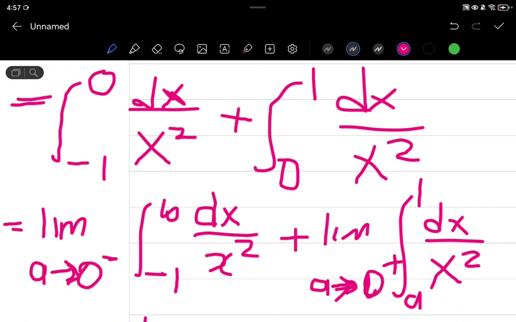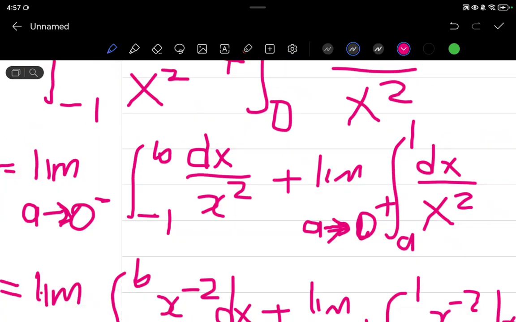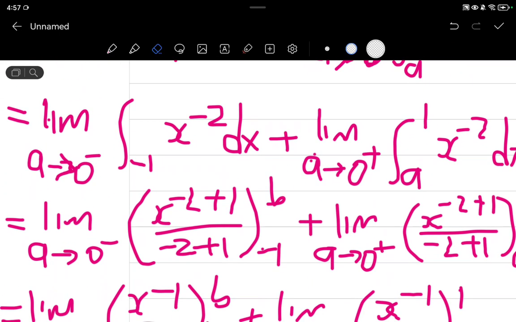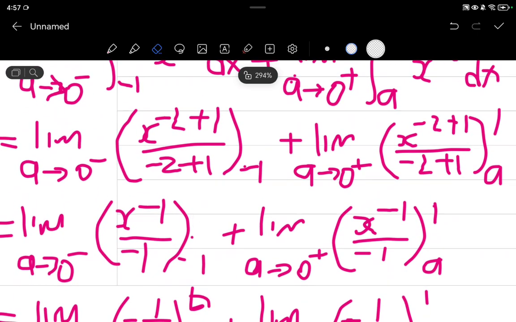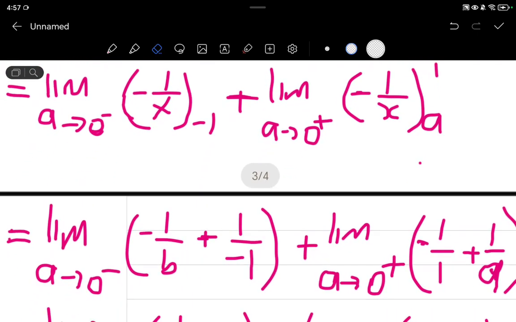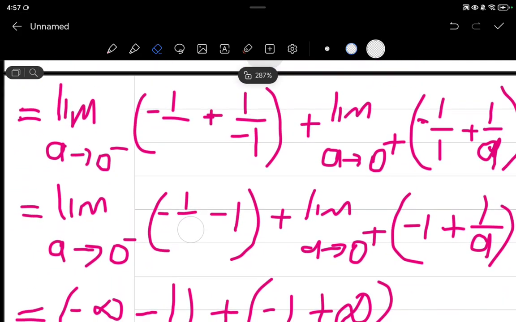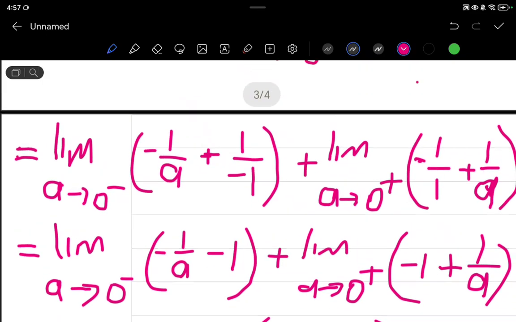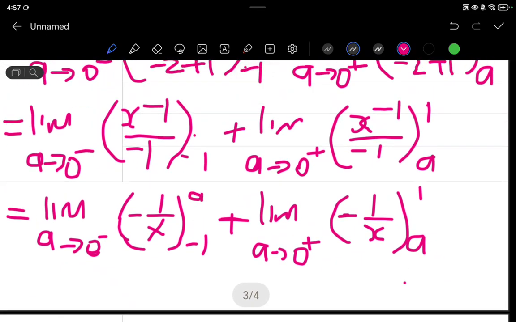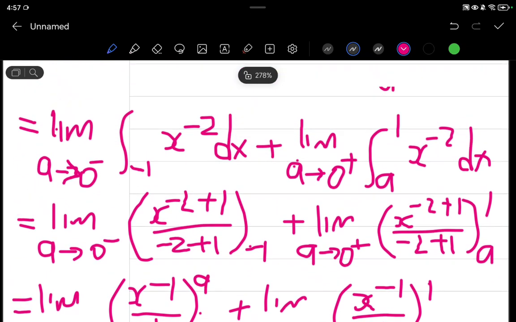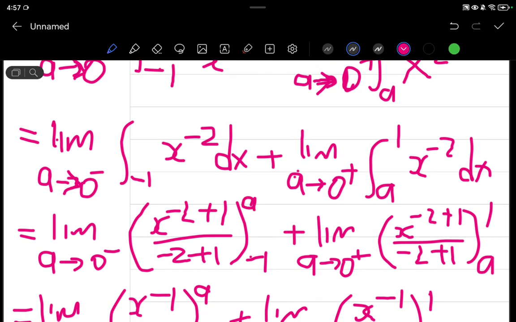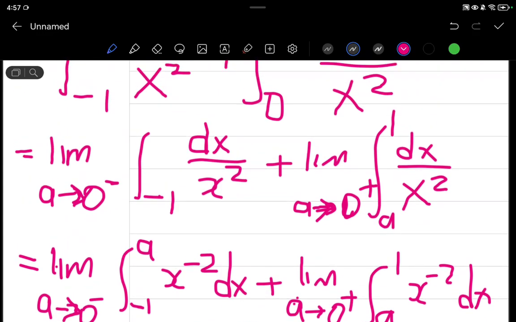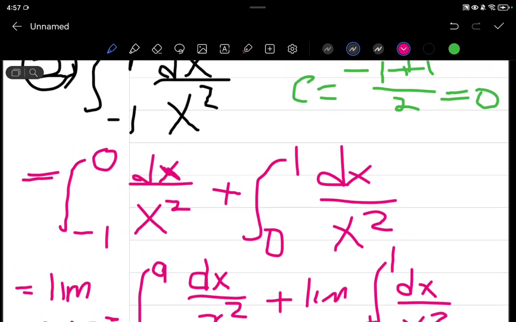You see, right? So even if we do this, we're still going to get the same thing. We're still going to get that this thing diverges. So wherever there was B, I'm going to write A. Yeah, that's fine.